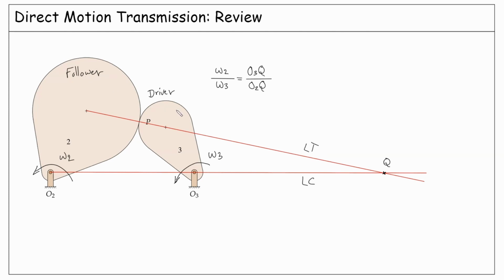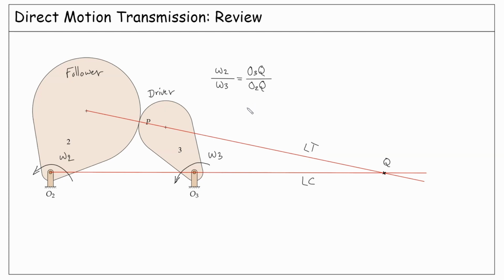If this center, point Q, is a constant point, then the ratio of the angular velocities remains constant. Otherwise, we have a variable ratio of angular velocities over time.